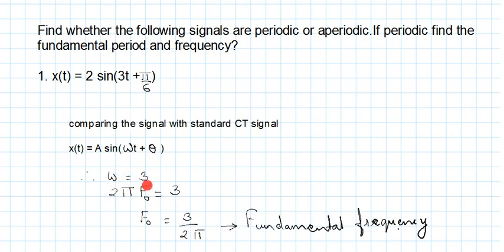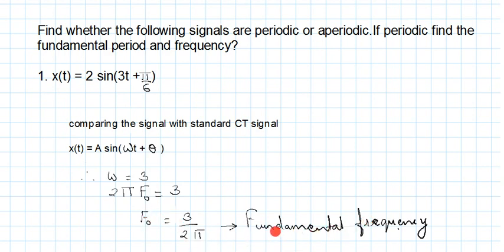And how do we express the radian frequency? We express it as 2 pi f. Instead of writing f, I am writing f naught, because that indicates the fundamental frequency of the signal. So 2 pi f naught is equal to 3. With this I get f naught to be 3 by 2 pi, and this f naught is the fundamental frequency of the signal.